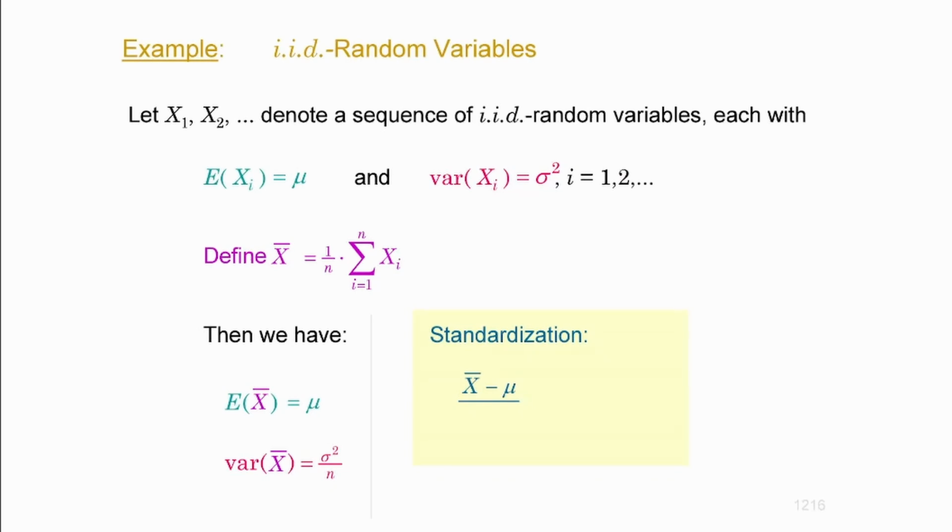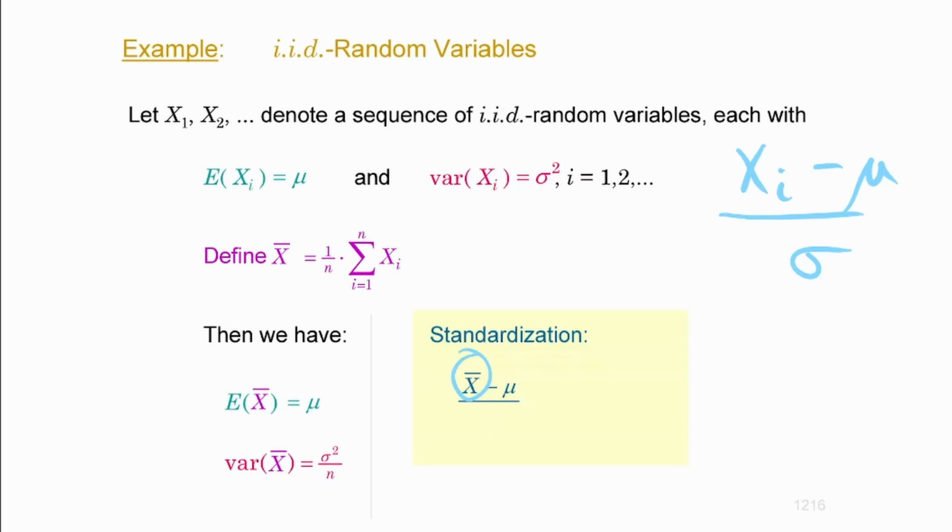Now, however, the standard deviation is not going to be sigma, although the standard deviation of the respective random variables is sigma. You need to standardize the sample mean and not the random variables. If you standardize the random variables, let's say Xi, you subtract its mean and divide it by its standard deviation. However, the standard deviation of the sample mean is not going to be sigma.